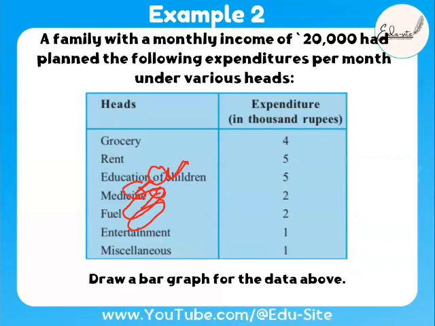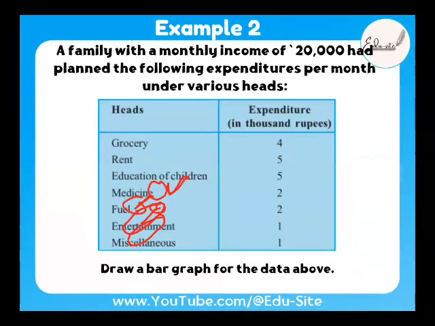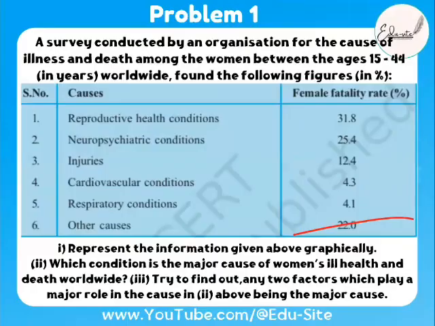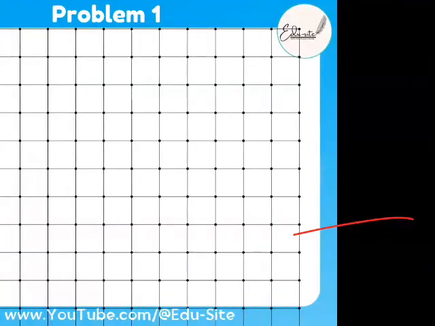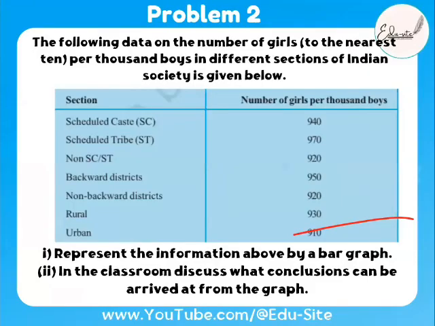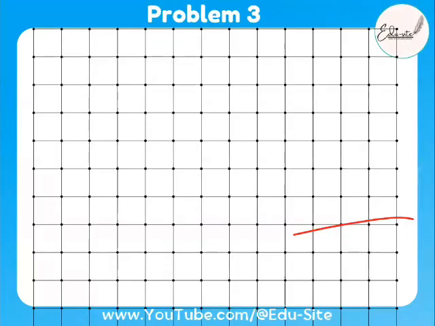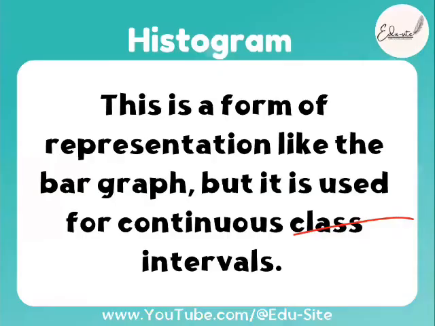Okay, Alhamdulillah. In all of these examples, beta, what we had was a uniform class interval. In bar graphs, we do not deal with class intervals, right? In the histogram, only we have the class intervals. But whenever we have intervals, we should have them in uniform fashion.